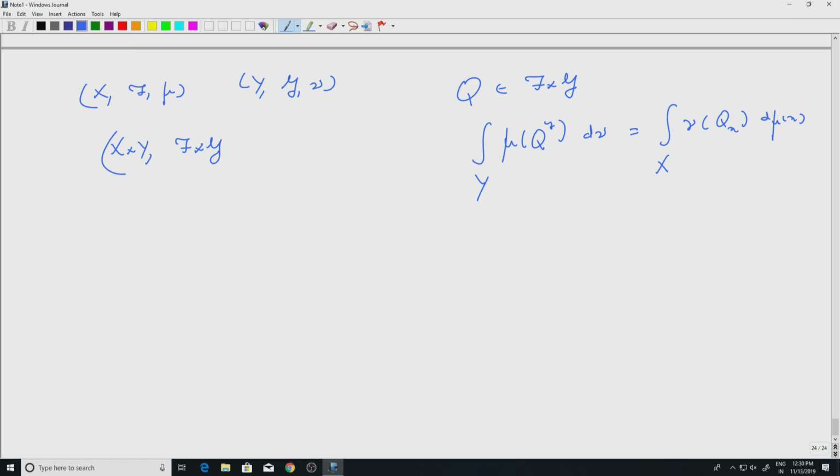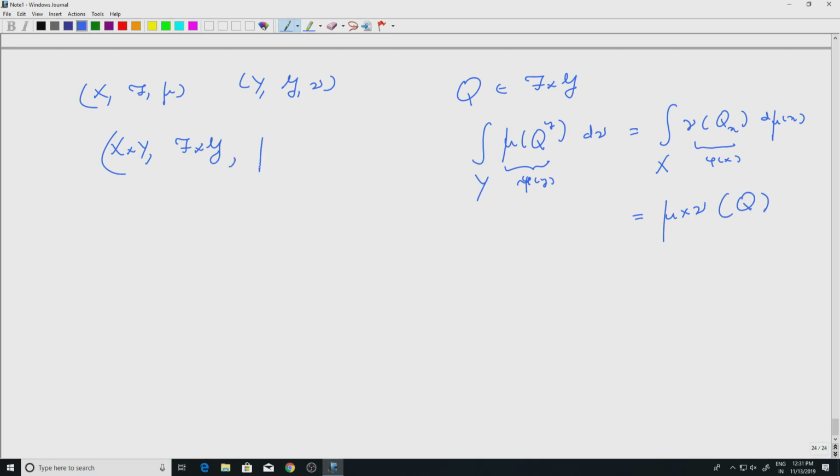Okay, these two integrals are same, right. This is the function phi of y and this is the function psi of x. These integrals are same, and this we will define to be mu cross nu of Q. Okay.